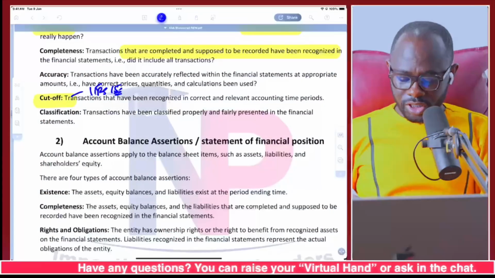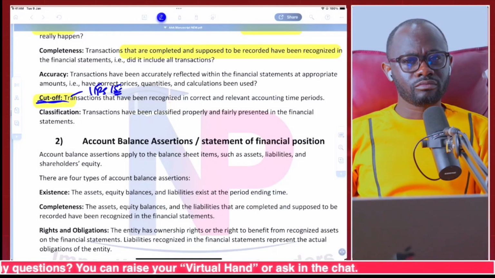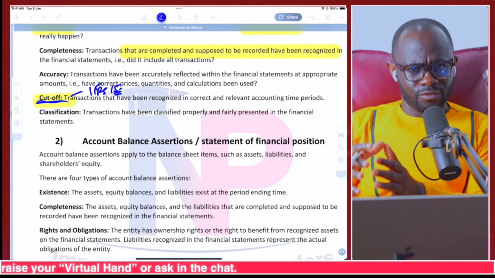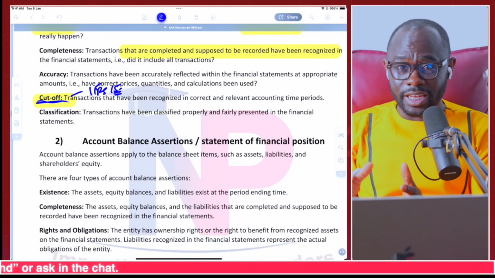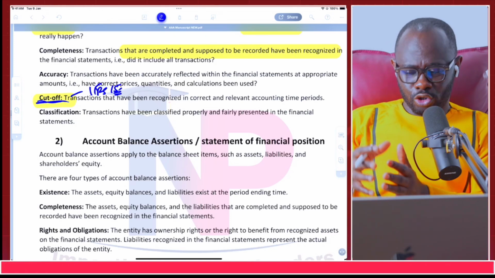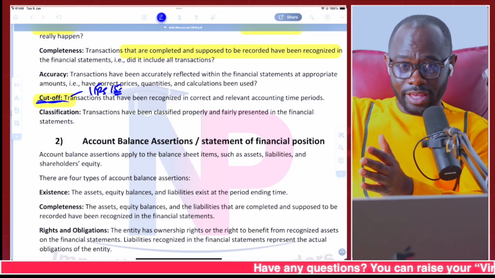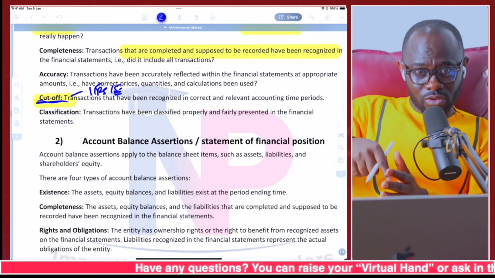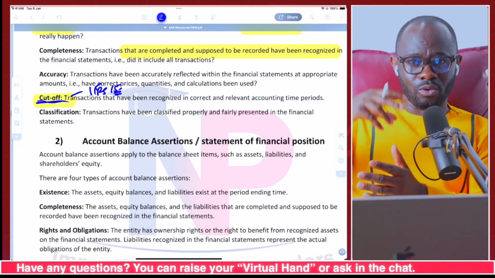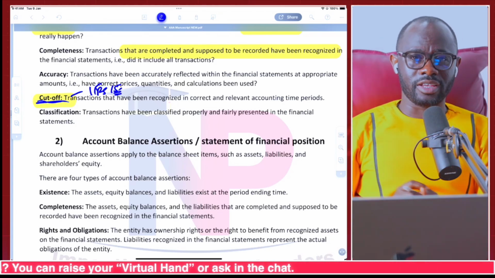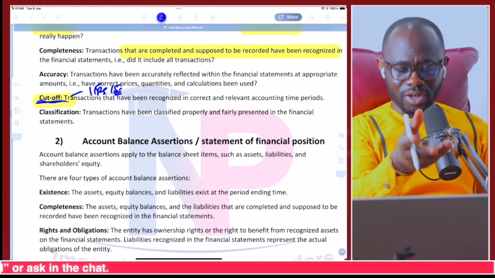It means they are breaching the cutoff rule. Because, yes, you've signed a contract, but you've not done anything. So, the revenue that relates to the next accounting year, you have brought it into this accounting year, resulting into overstating of the current year revenue. That's the principle of cutoff.